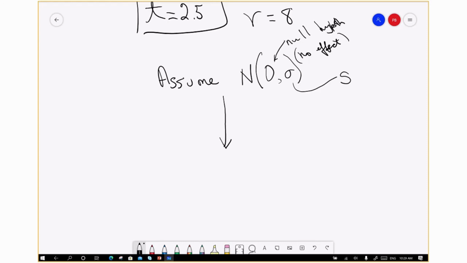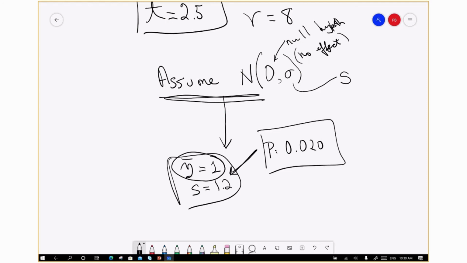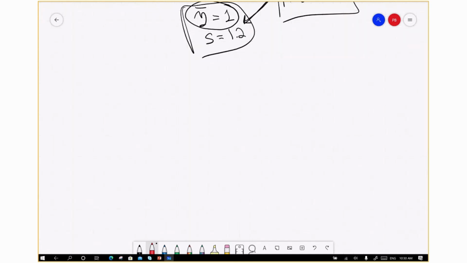And what we came up with was we got our own value of y bar, which is equal to 1, our own value of S, which is equal to 1.2, and based on that, if this assumption was correct, the probability of getting a y bar of 1 or more was equal to 0.020, which is a very small probability, and therefore we came back up here and rejected our null hypothesis that the cattle weren't having an effect and decided that they were.